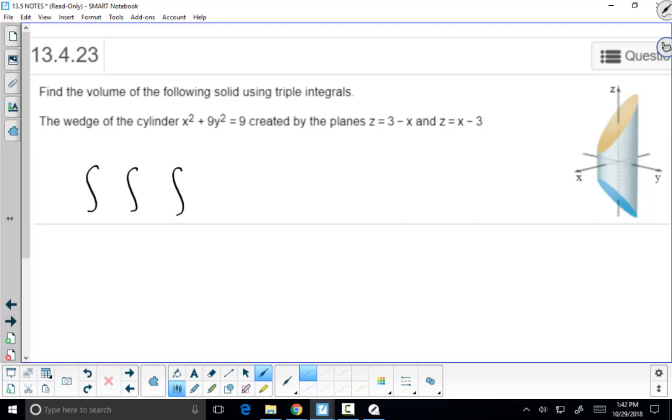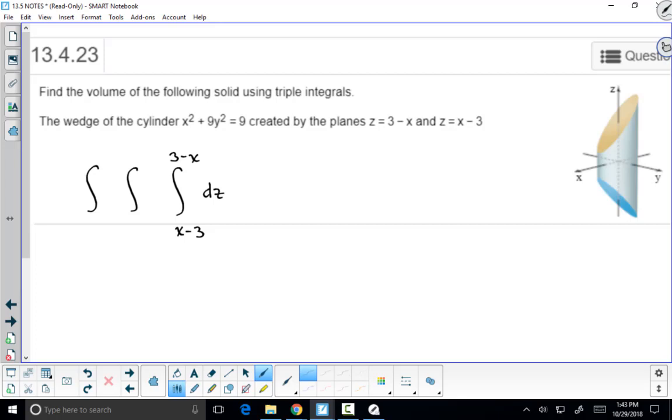Start with that. Okay. So the lower surface is x minus 3. The upper surface is 3 minus x, and that's defined with z. So z equals 3 minus x, and z equals x minus 3. Okay, now we have to go down into the xy plane for the domain. That's already given to us.